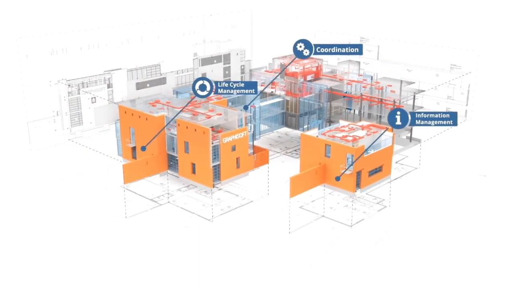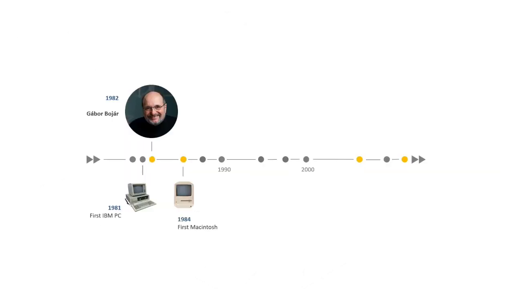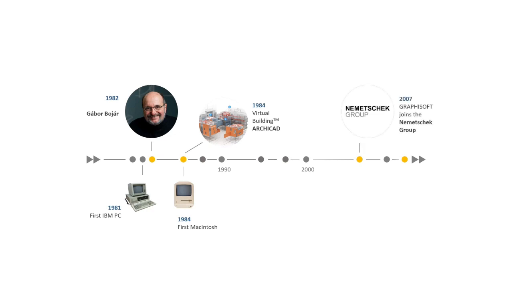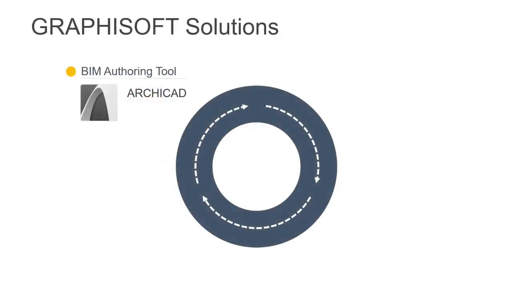Just at that time, this new method of simultaneous 2D, 3D modeling and documenting was called the virtual building and not yet BIM. And so there it was, ARCHICAD, the first virtual building program, born in 1984 and ever since used by hundreds of thousands of architects. Since 2007, Graphisoft belongs to the German software holding company, the Nemetschek Group, and continues to drive a whole entire ecosystem of BIM solutions.